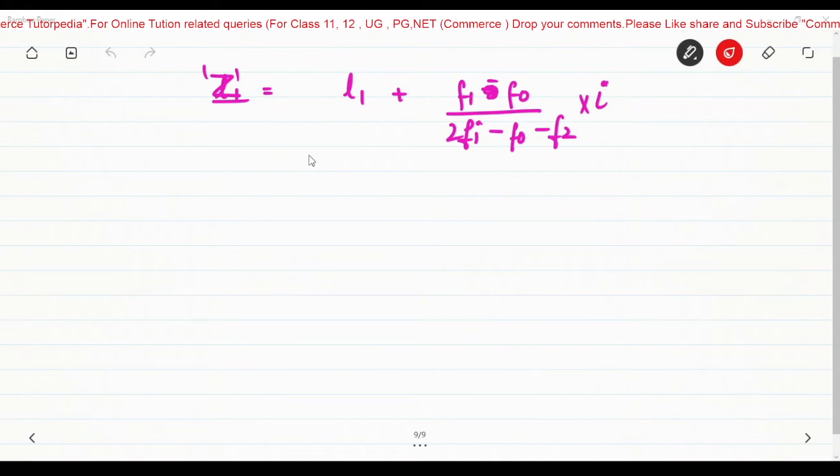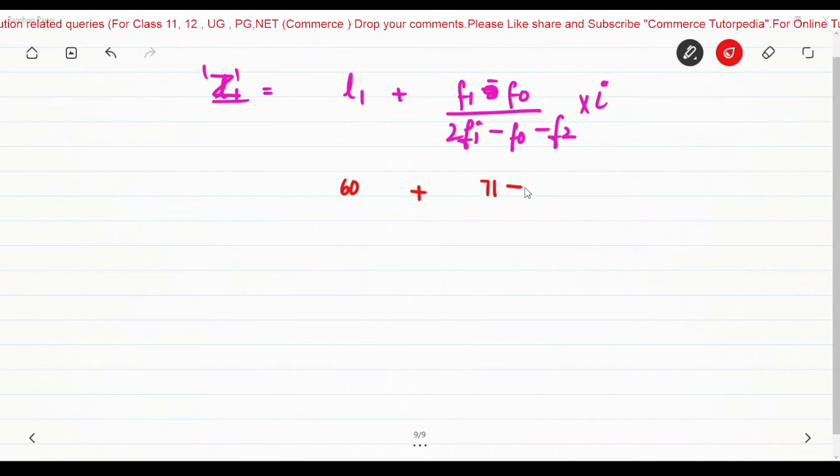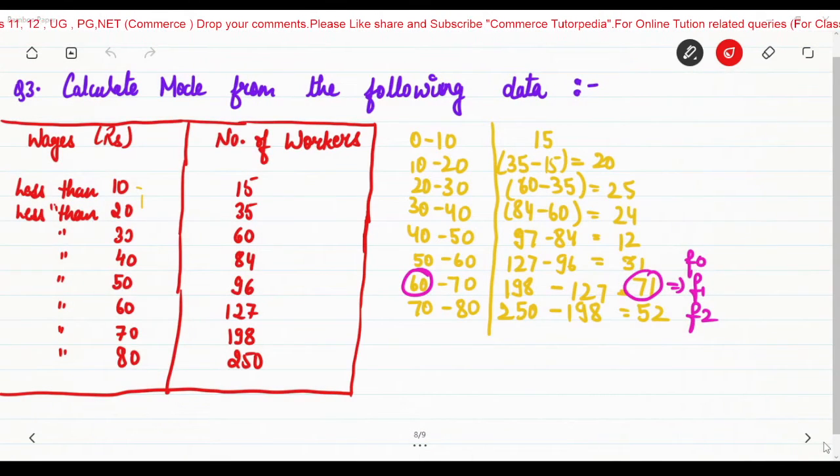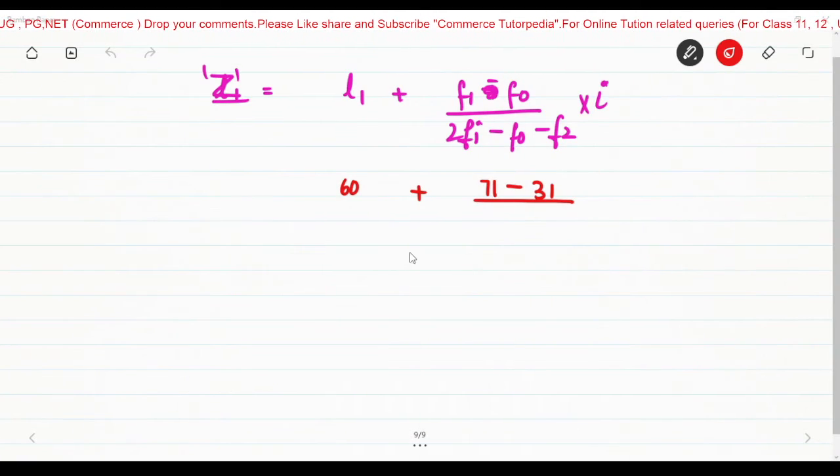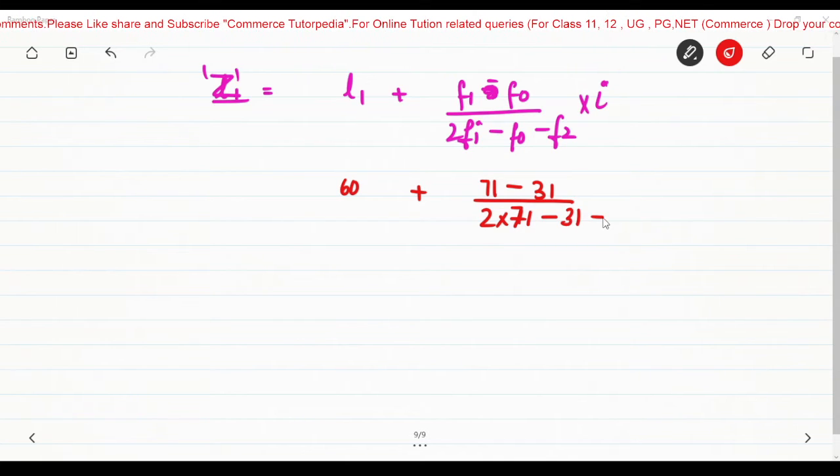L1 is 60, F1 is 71, F0 is 31, and F2 is 52. So 2 into 71 minus 31 minus 52, into I which is 10.